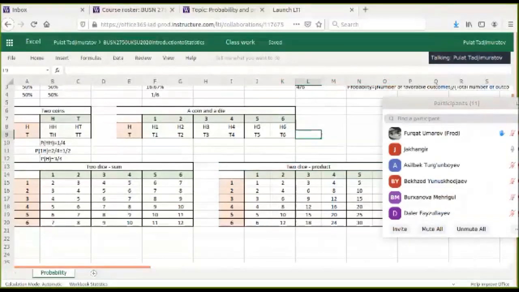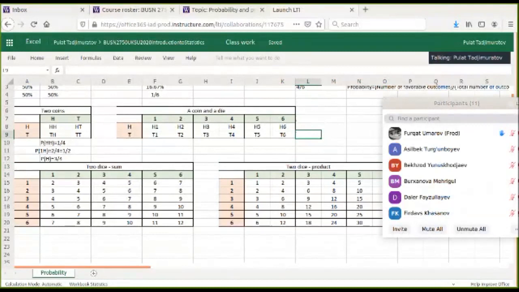Okay, so that's our definition. We count all the possible outcomes, we count favorable outcomes, and we divide those two numbers. I guess it's clear that the number of favorable outcomes can never be more than the total number of outcomes.